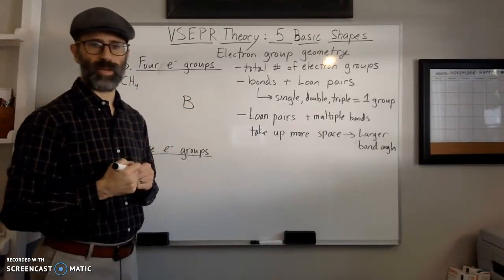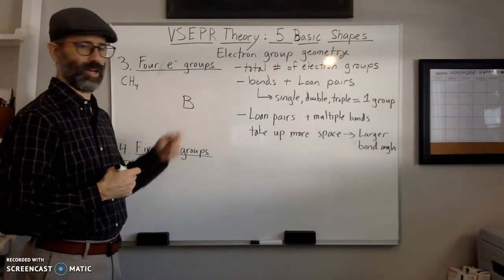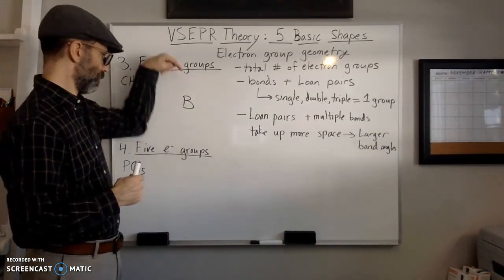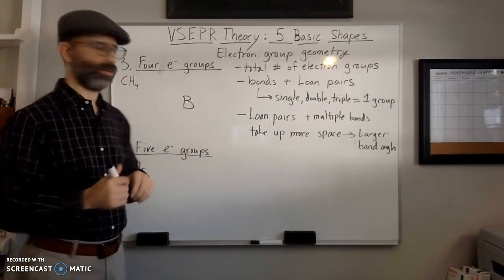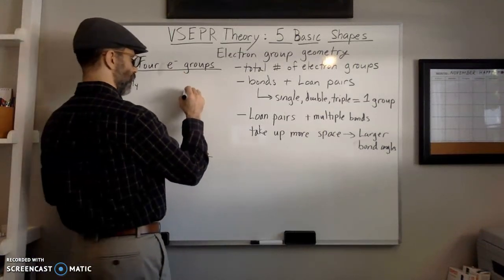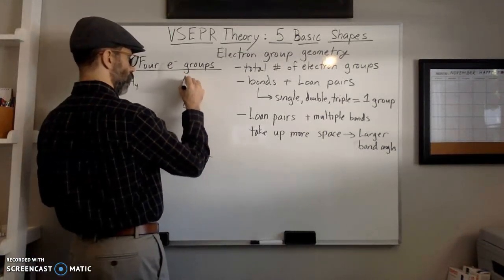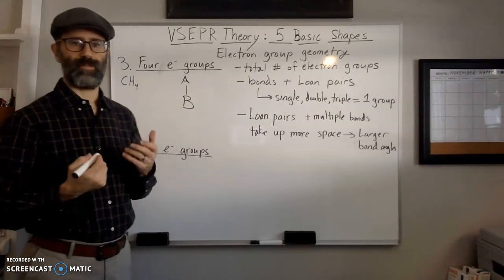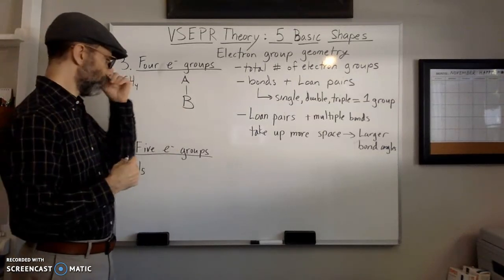That's the same as having B in the center of the board, or this is my globe, and now I'm going to look down from the North Pole here. So I'm going to put an A here. So A is bonded there. There's my North Pole, and then I have the others as well.